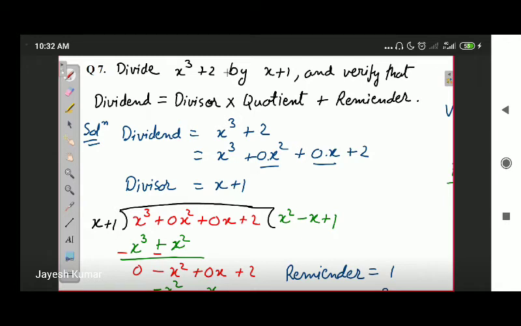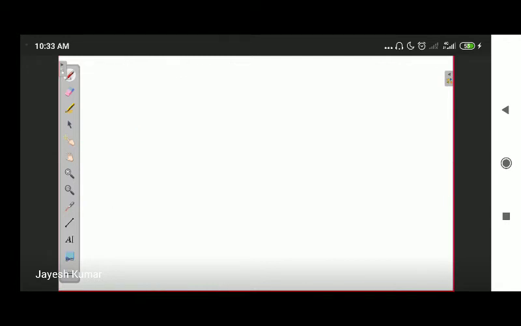In exercise 6.5, question number 14. Okay, so I'm writing the question for you once again so that you can copy it.